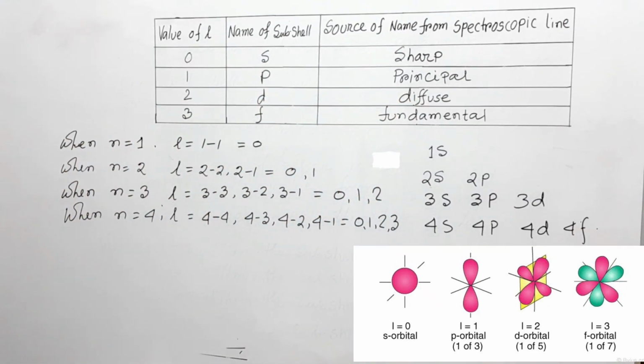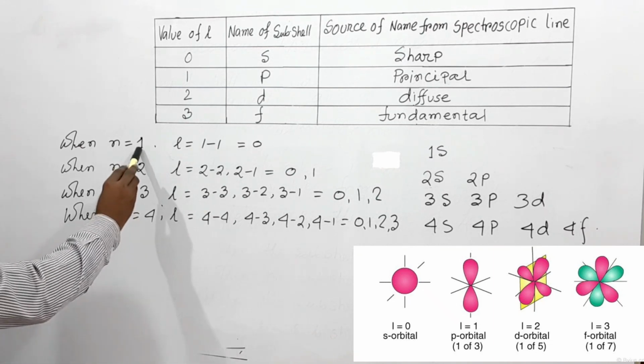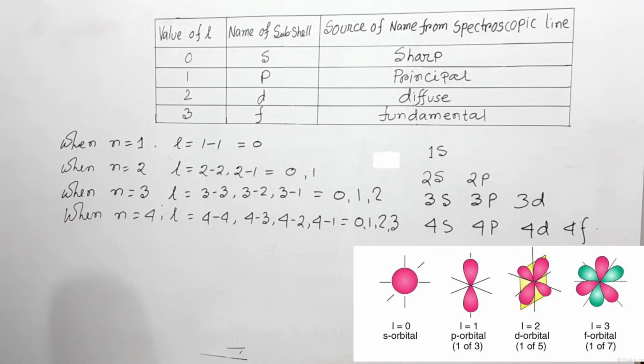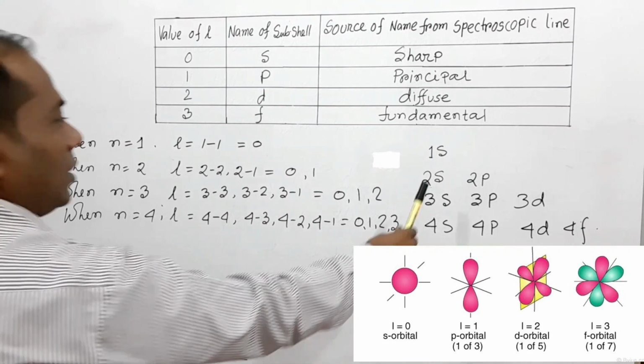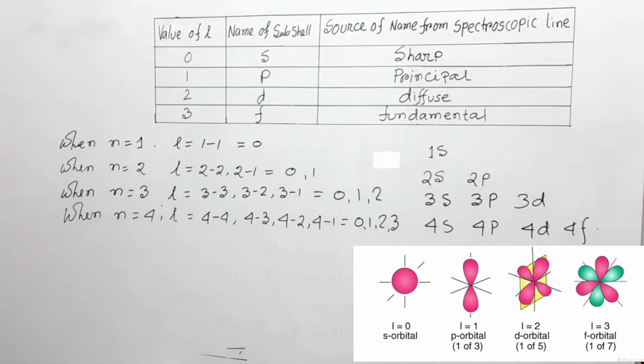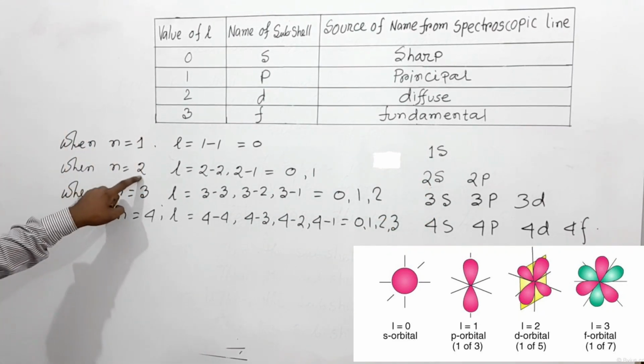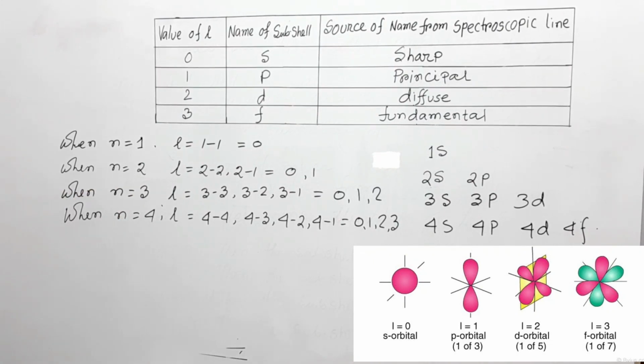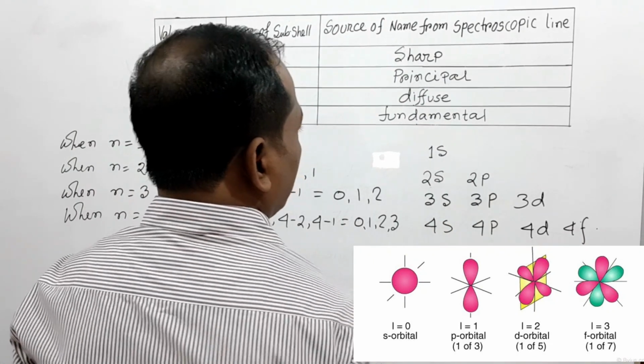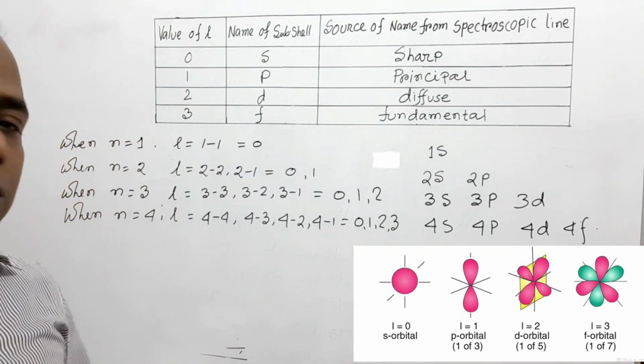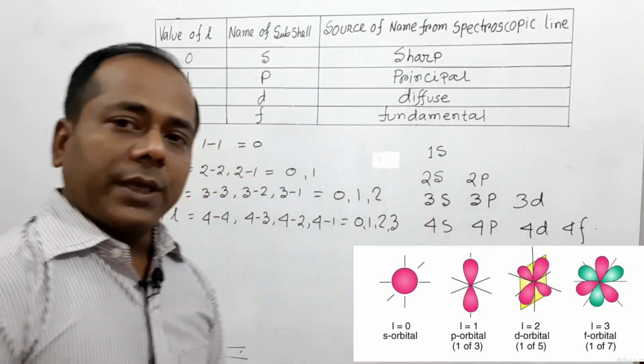So we can say that the first shell has one type of orbital, and second shell, that means when n equals 2, then we get two types of subshell, that is 2s and 2p.